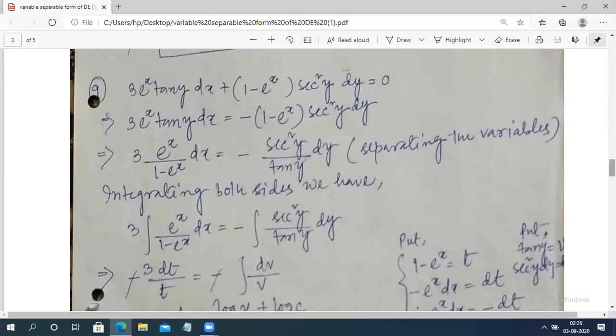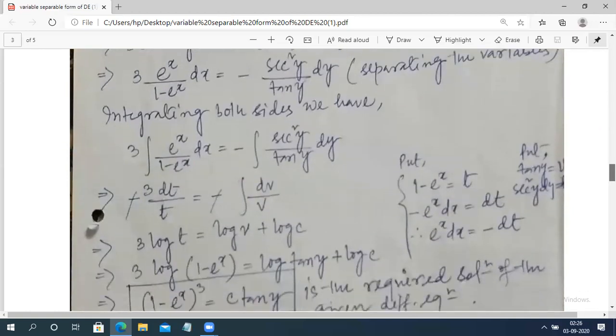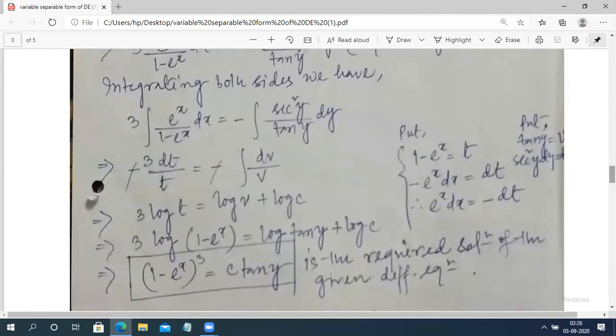Because again we will use the substitution method. If we substitute 1 minus e to the power x as the new variable t, then after differentiating both sides with respect to x, we'll have negative e to the power x dx is equal to dt. That means e to the power x dx is equal to negative of dt.